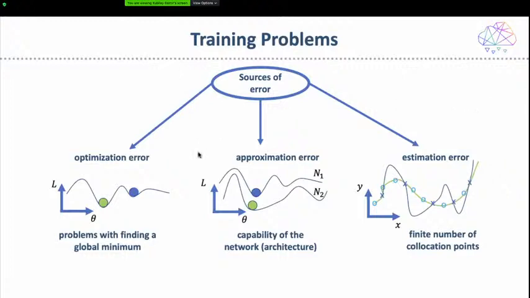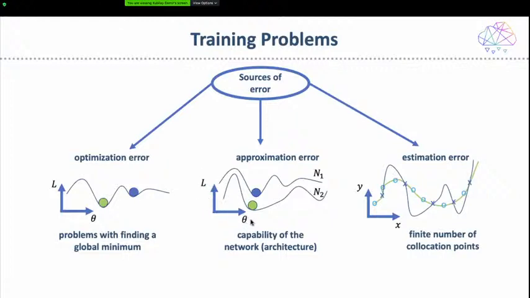As a first problem, even if we minimize our loss term, depending on, for example, the learning rate, the optimizer we choose, and such things, we might not actually find the global optimum, but only some local optimum, so that we already have some error because we don't find the actual optimum.